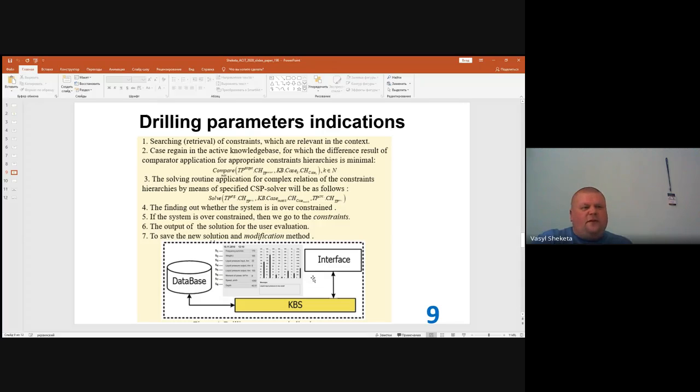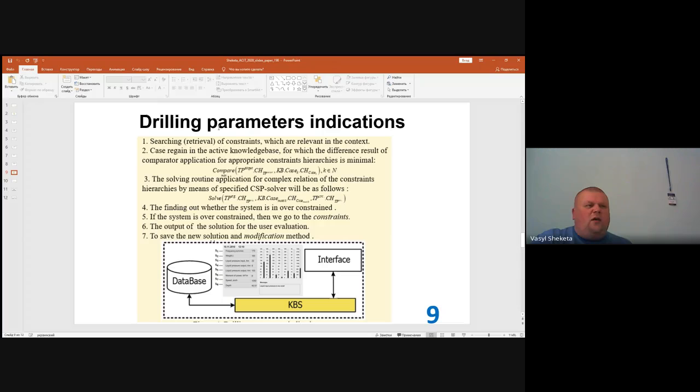We have a database, we have an interface, and we recommend a kind of knowledge-based system, and this is 7 steps.